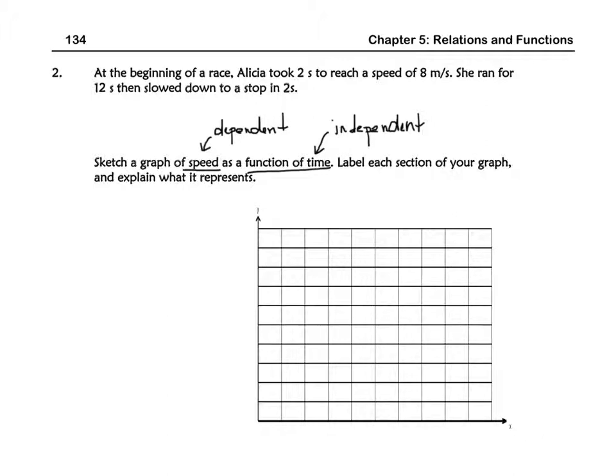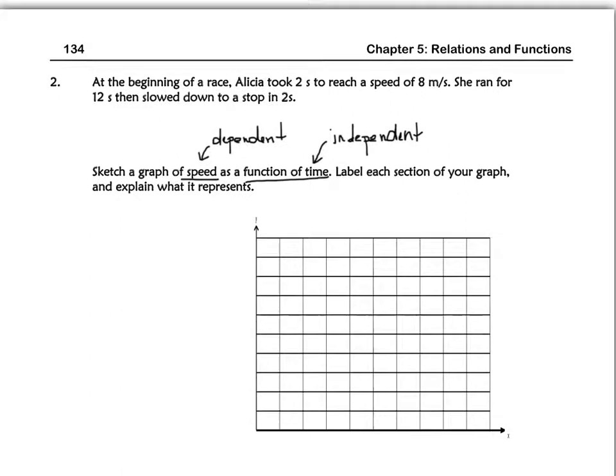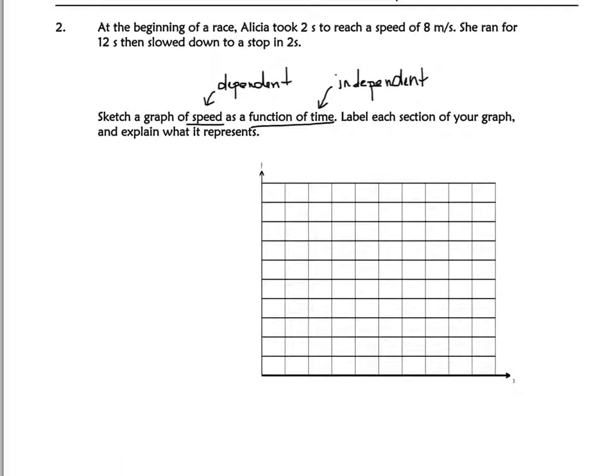So I'm just going to move the graph up just a little bit. Right, so this would be time, and the units for that would be seconds. And this one, the speed, would be on the vertical axis, and it's in meters per second.